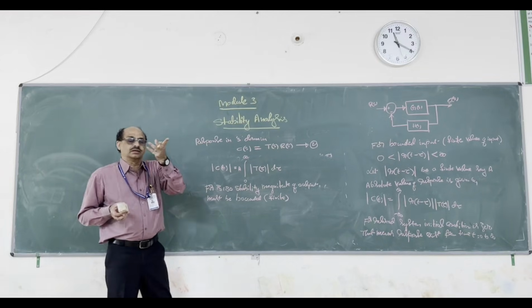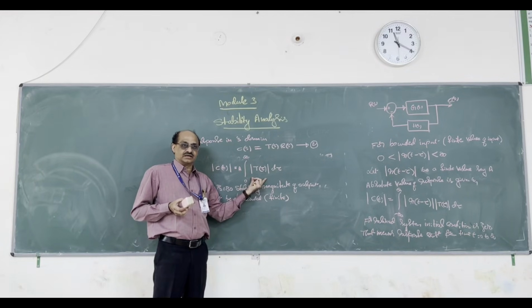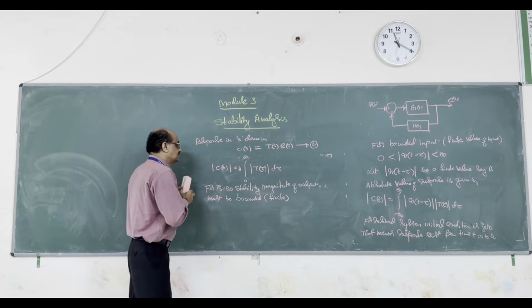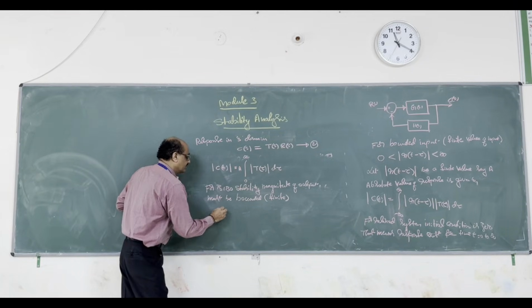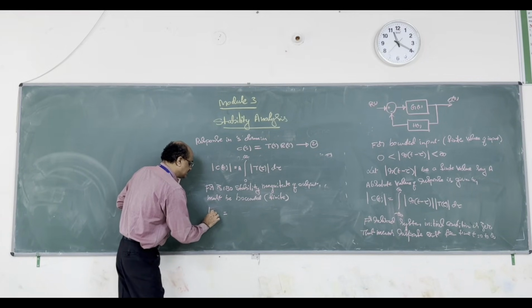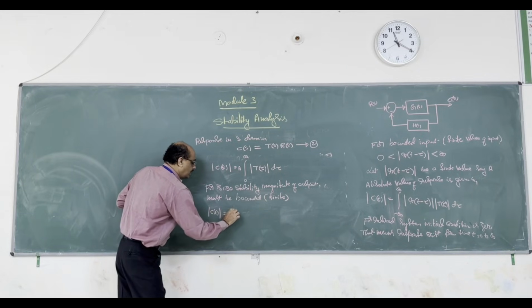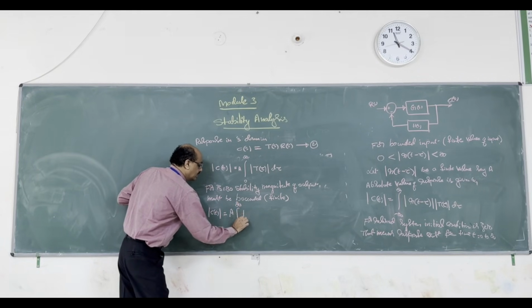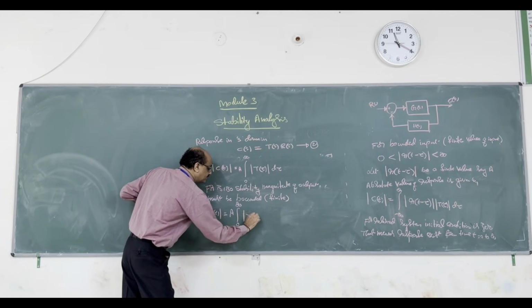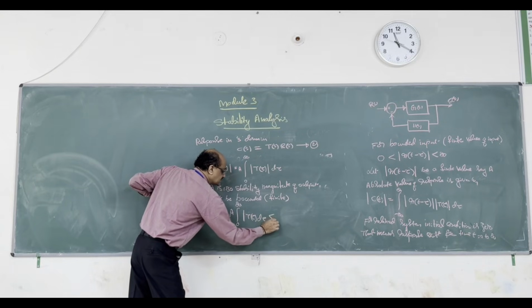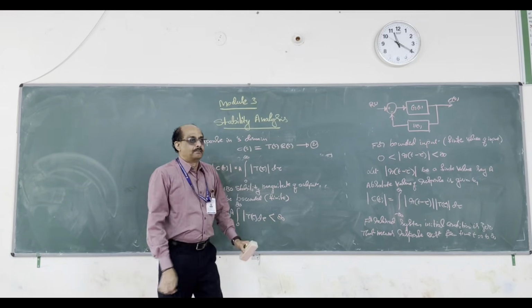It should not be more than infinity; it should be well within that, or finite. So the modulus of C of t, which is a times the integral from 0 to infinity of the modulus of T of tau, d tau, must be less than infinity.